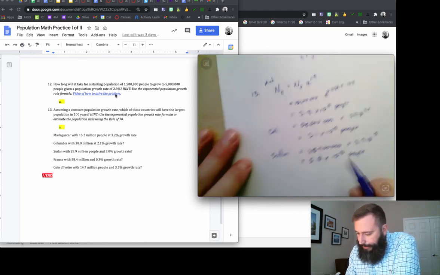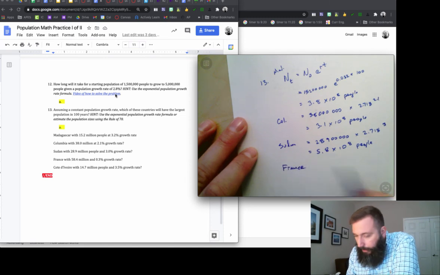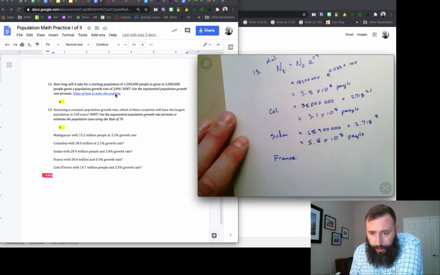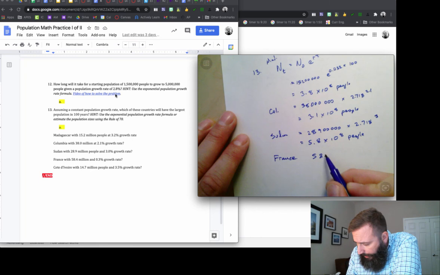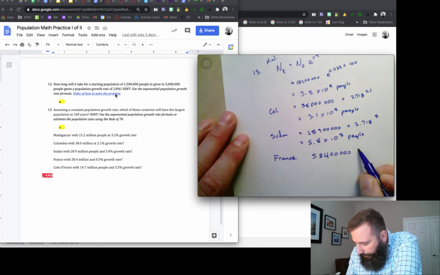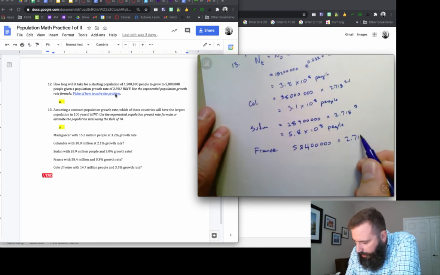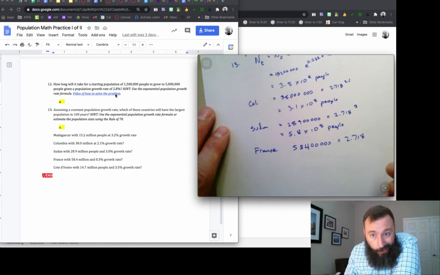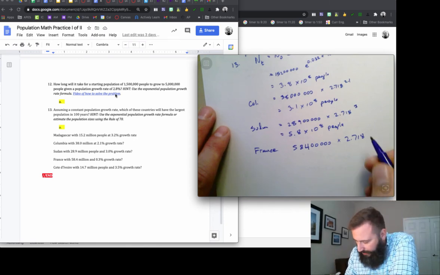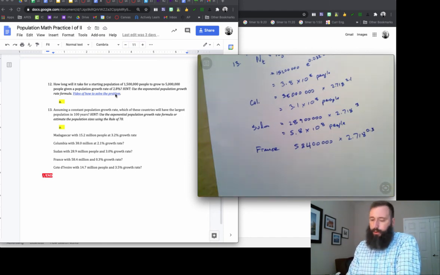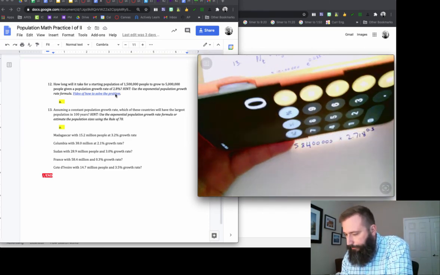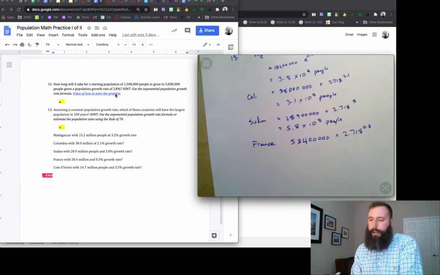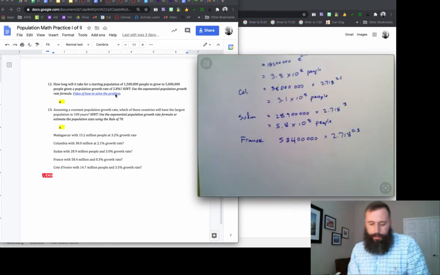All right, France. Ooh, that's not a very high growth rate, is it? That's a lot of people though. 58.4 million people times e to the 0.003 times 100 years, which is 0.3. All right. Ooh, I feel like this is not going to be very big. Let's take a look, though. Come on, calculator.